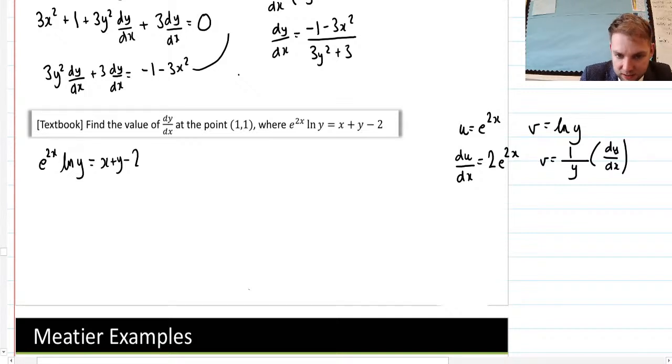Still not finished with this because I need to sub them into dy by dx is equal to u dv by dx plus v du by dx.